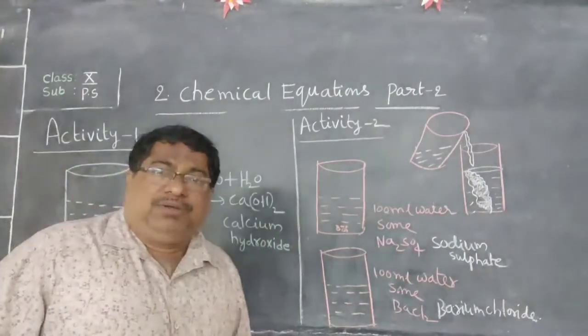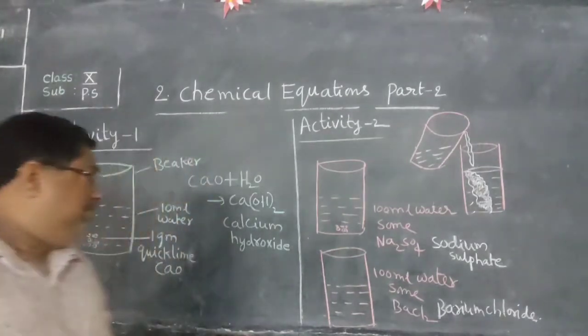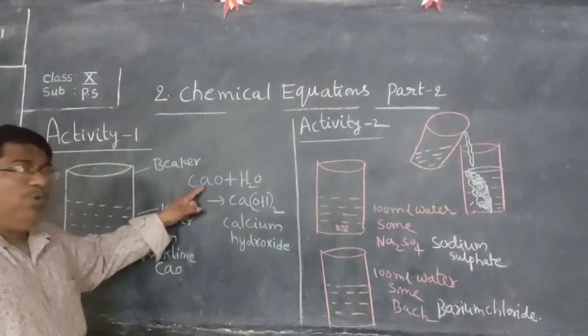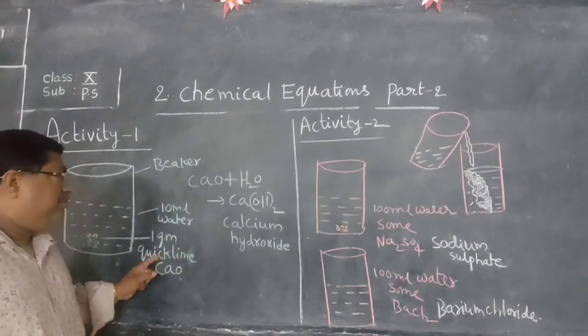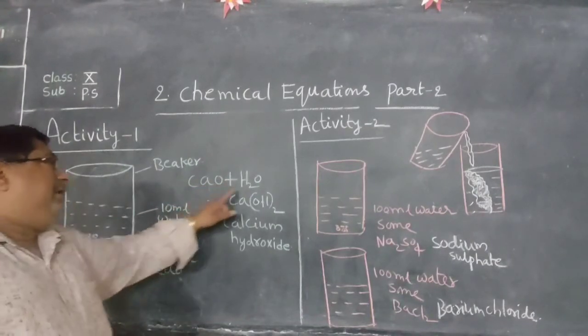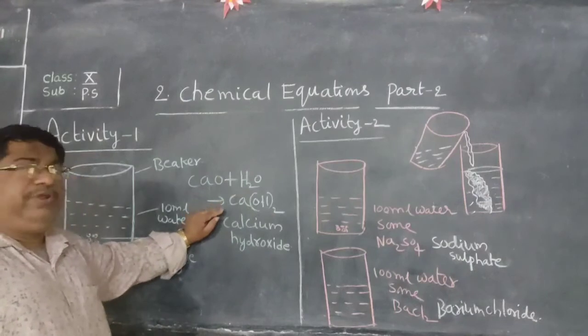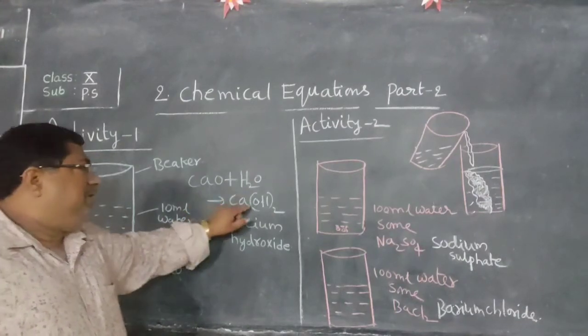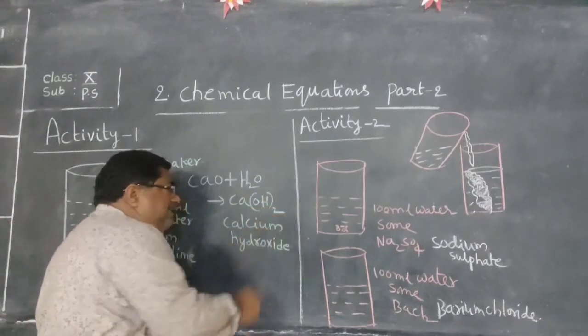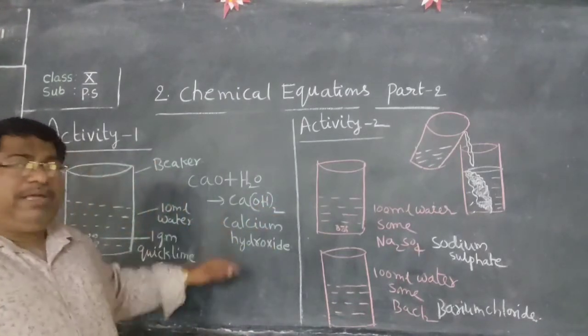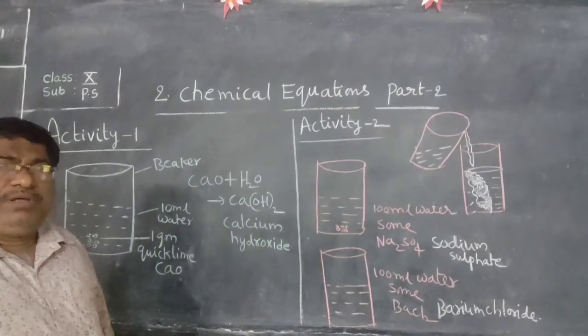See, children, what is the reaction? CaO, calcium oxide or quicklime, plus water H2O gives rise to Ca(OH)2. This is called calcium hydroxide.